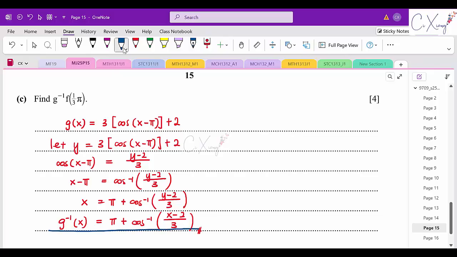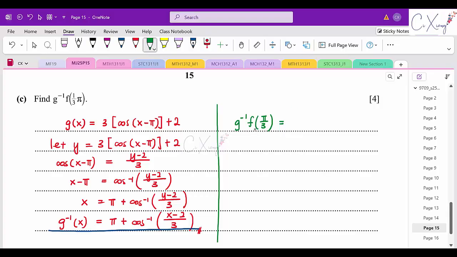And this is not the end yet, because we need to substitute our value into the function and get the answer, right? Now let's continue from here. We are having the composite function g inverse f with the value of pi over 3. Usually I will tell students, if you're having a value, you just try to substitute the value slowly, then you composite it into the function, instead of finding the composite function first.